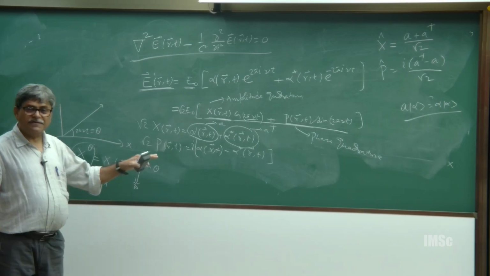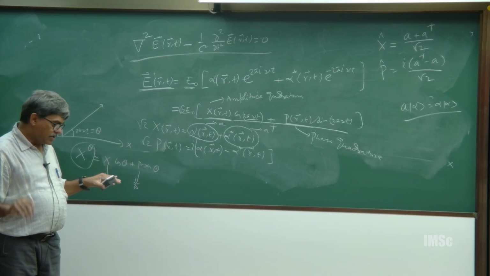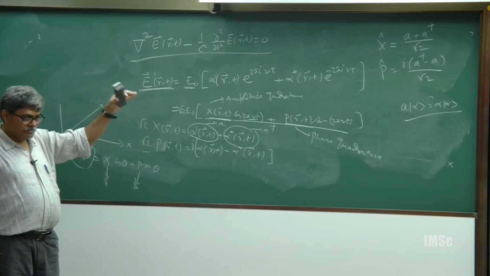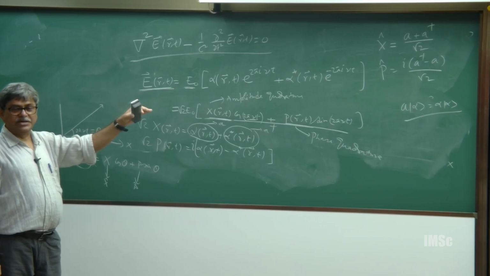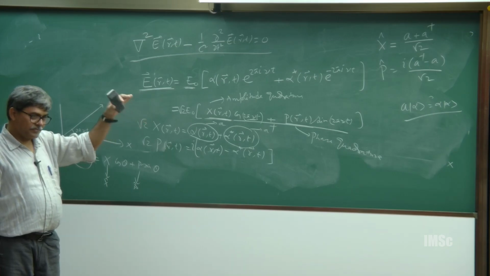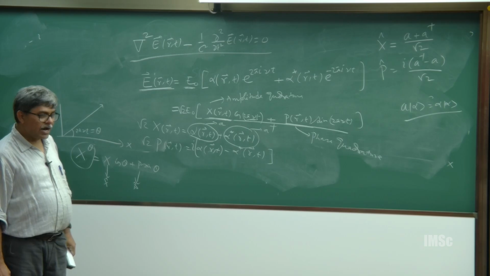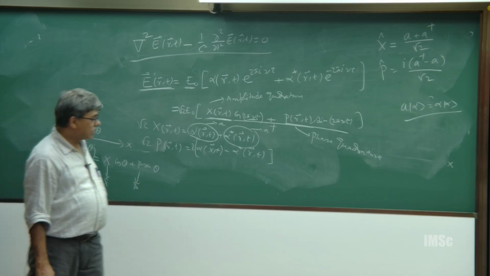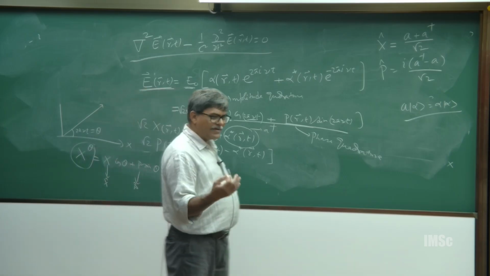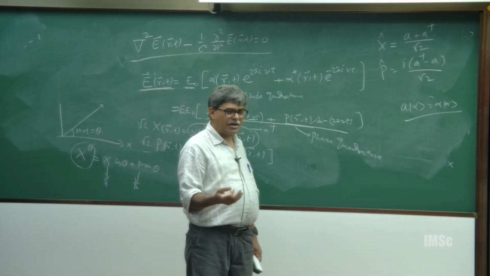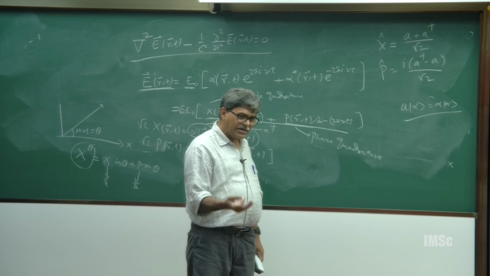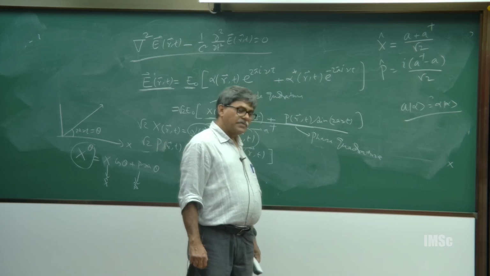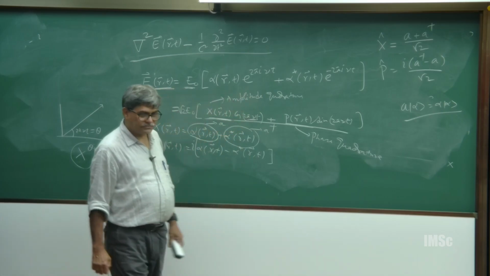In this sense number states are very non-classical, except the ground state. But this does not quantify for you the number of photons. This quantifies for you maybe the intensity of the light. For classical light we only look at the intensity of light.